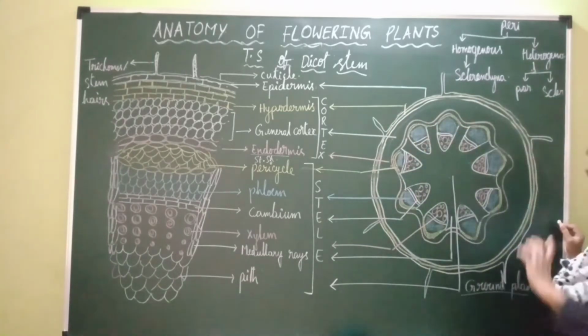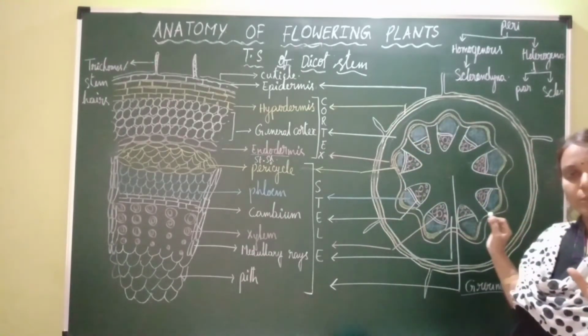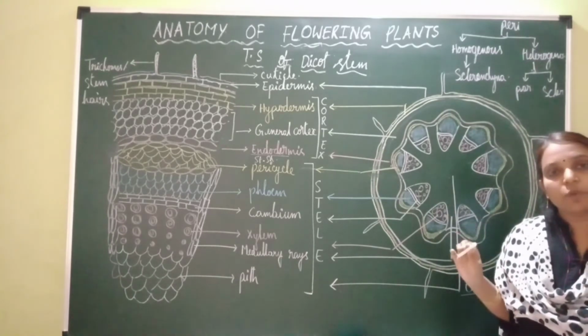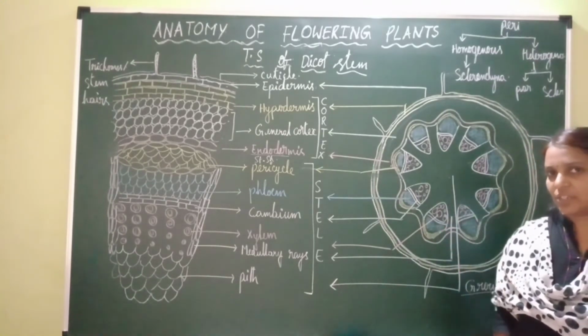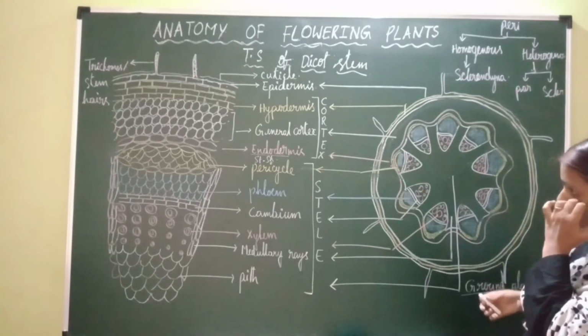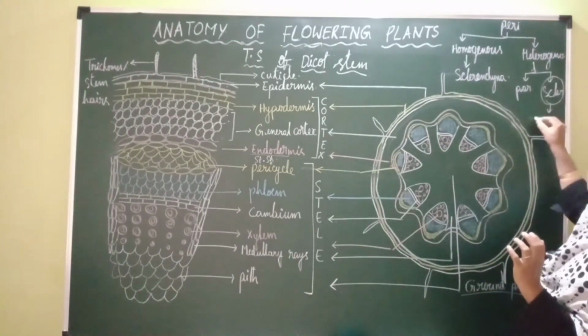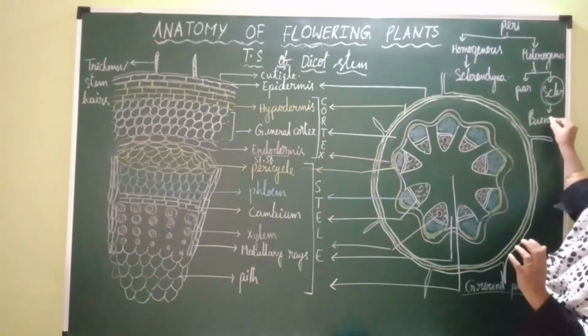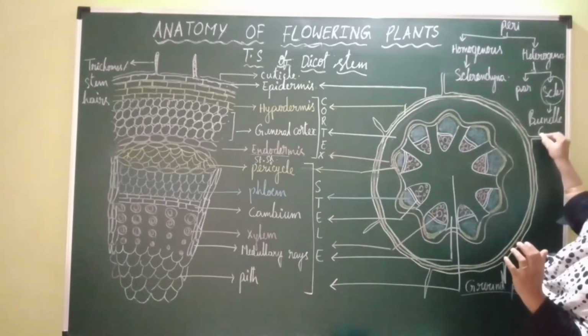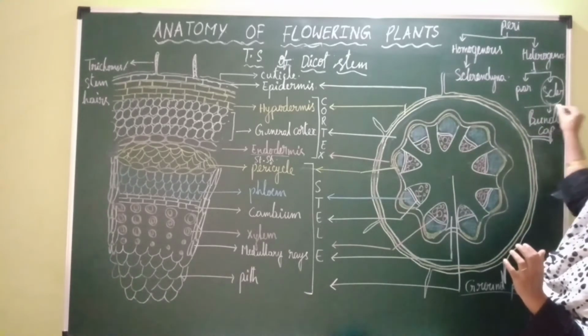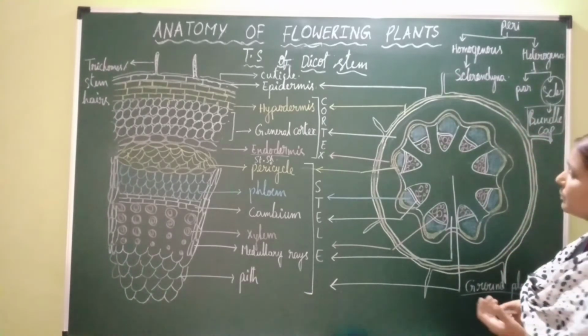The sclerenchymatous pericycle above the vascular bundle forms a cap-like structure called bundle cap, and its function is to provide mechanical support.